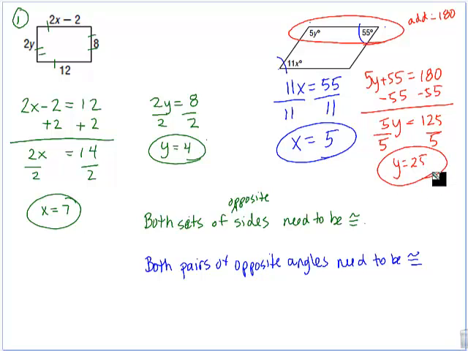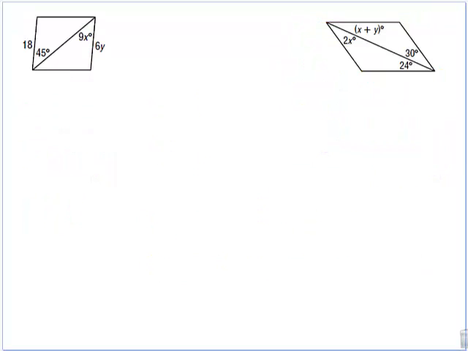Okay, we're going to do a couple more examples. Next one up, we have this diagram. We want to make sure that this is a parallelogram. We know in parallelograms, opposite sides should be equal. So we can say 6y should equal 18. Divide both sides by 6, so y is equal to 3.